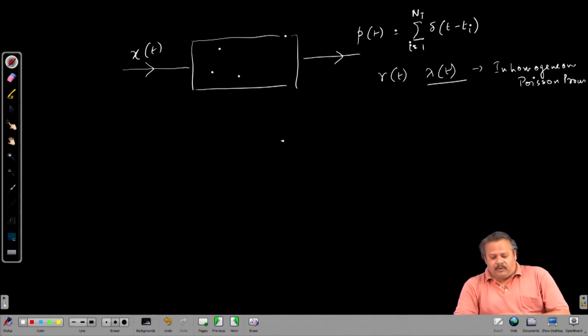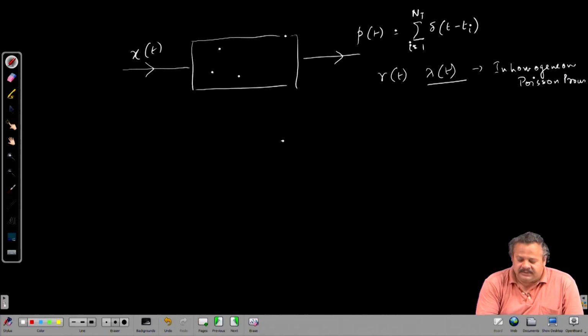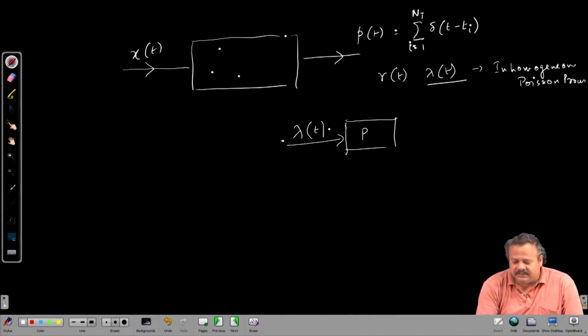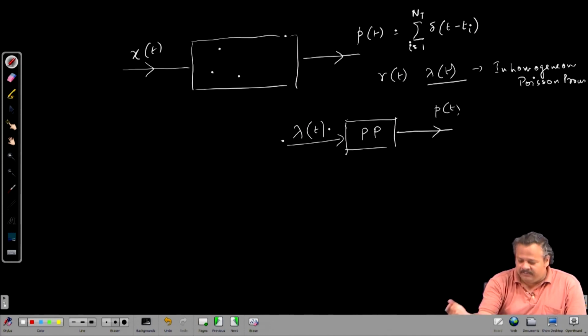So what we can approximate the system by is, lambda(t) is the driving function. Let us say we somehow get a lambda(t) that serves as an input to a point process generator that is producing the spike train p(t). I am starting from the back end of it.